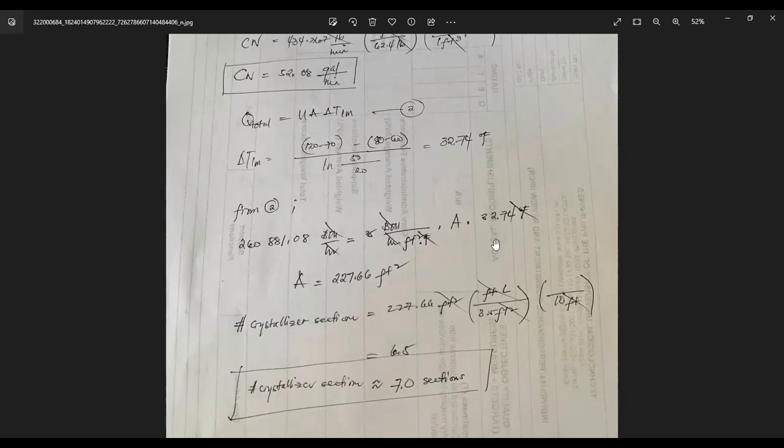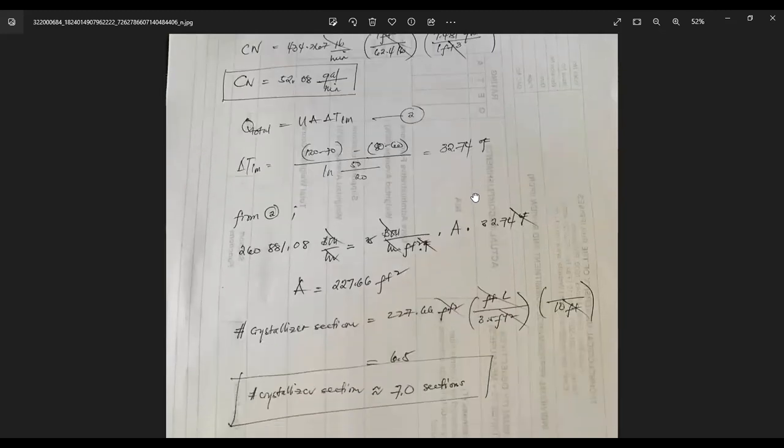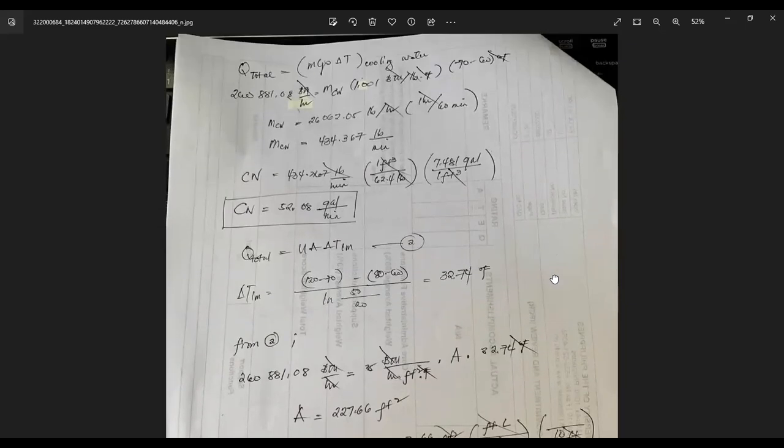Although I saw that in terms of principle, there were some who got this answer but did not give a whole number answer. So your answer should be 7. Okay?